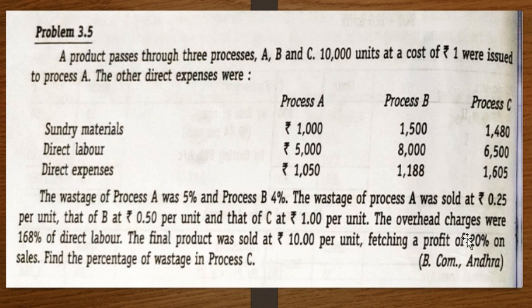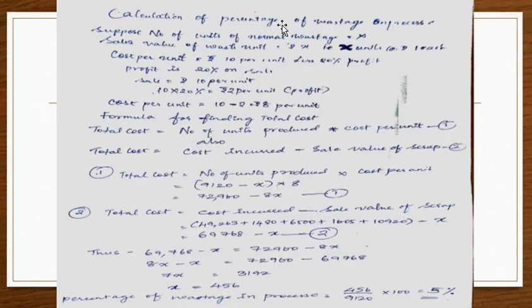Profit can be found by rupees 10 into 20%, which will give you rupees 2 per unit. So this is your profit.